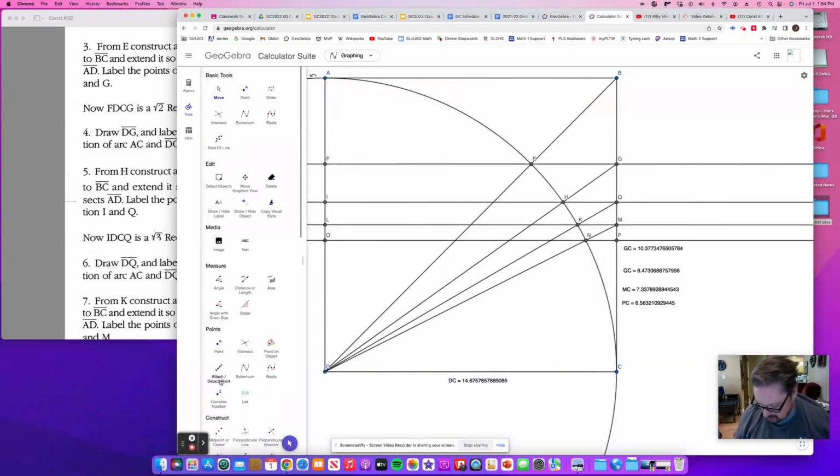That is 2.236. And 14.6758 divided by 7.3379 equals 2.000.